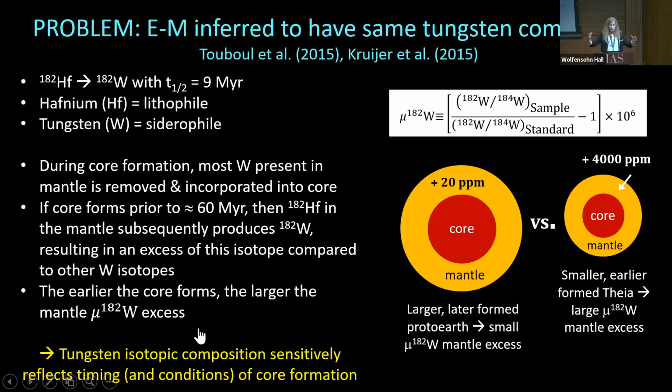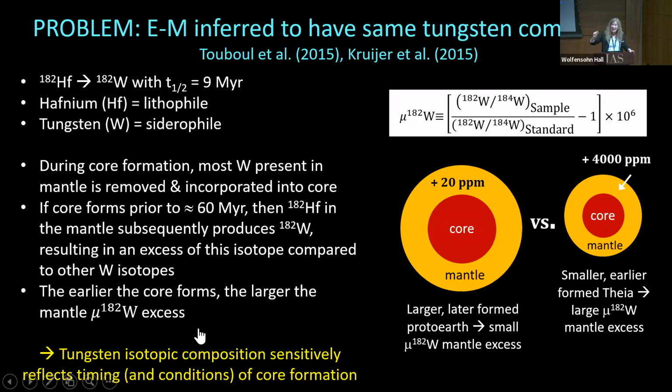Okay. So as a planet has its core form, or you can think of it as completes its core formation, most of the tungsten that's present in its mantle when the core forms gets pulled into the core and removed from the mantle. But if this core formation has occurred while there is still live 182 hafnium, in other words, if it's formed within, say, the first 60 million years of the solar system, then after the core forms, there will still be some 182 hafnium in the mantle, and it will generate radiogenic 182 tungsten in the mantle.